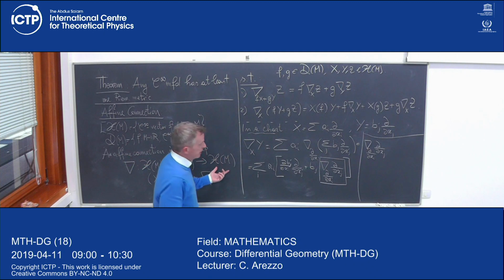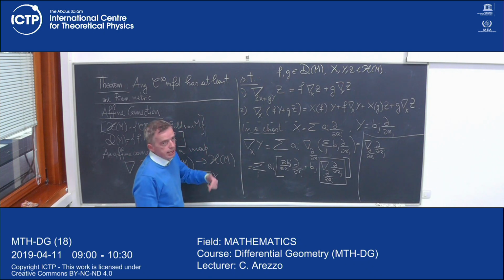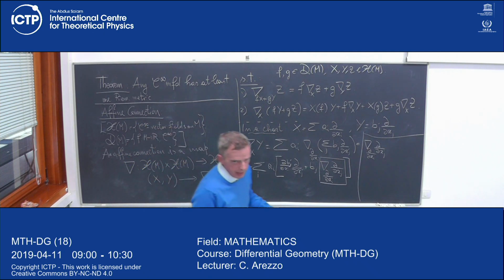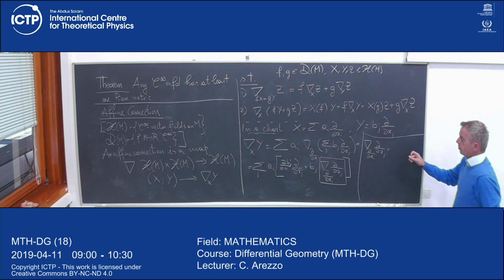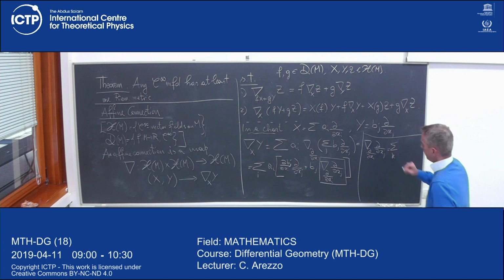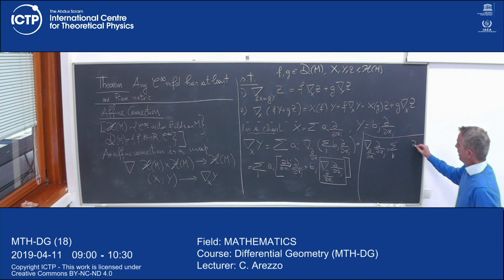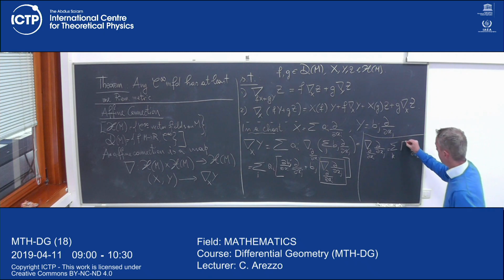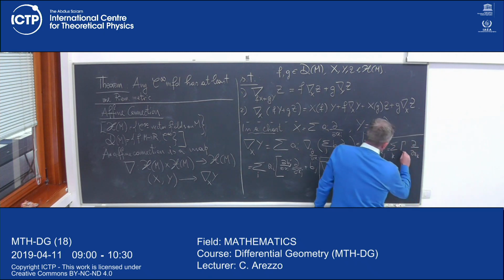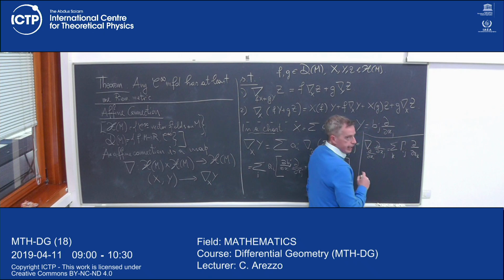So the only thing I can say is that this must be a linear combination of the elements of the basis. So this must be a linear combination over k of ddxk, for any choice of i and j. The notation is not very friendly. The coefficients have been called gamma, i and j.